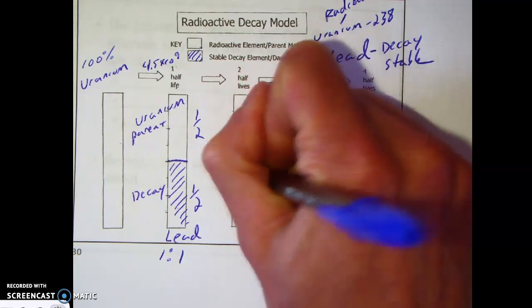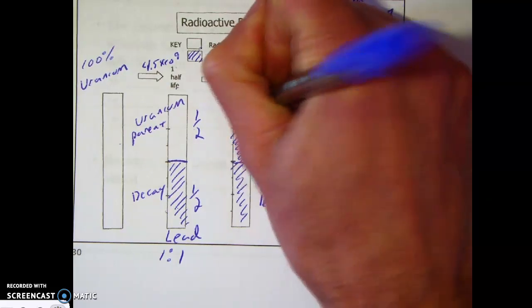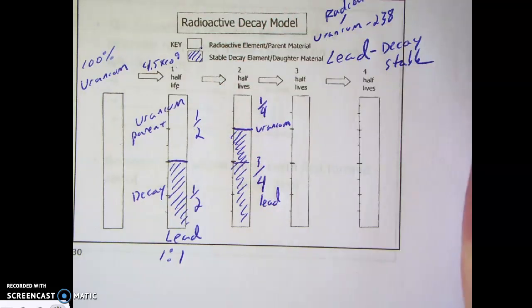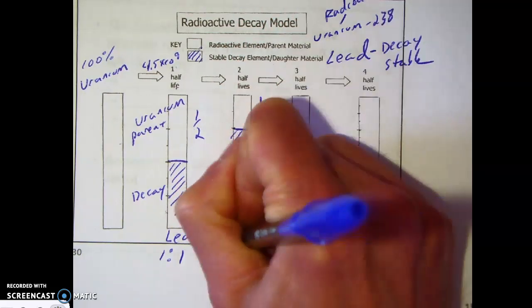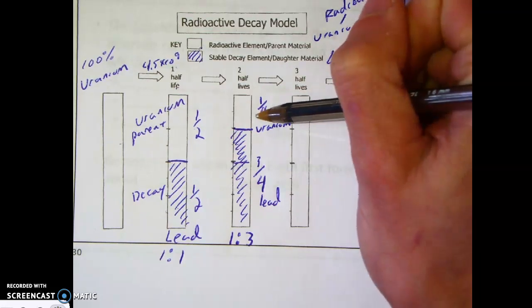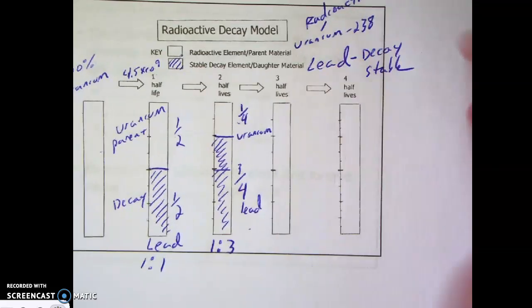In fact, we have 3/4 lead out of our original amount, and now we're down to 1/4 uranium. We're now at a ratio of 1 part to 3 parts: 1 part radioactive uranium, 3 parts non-radioactive stable lead.